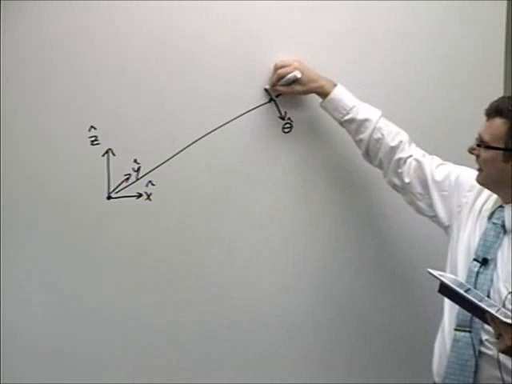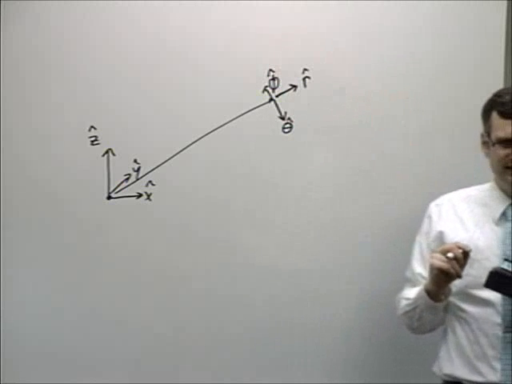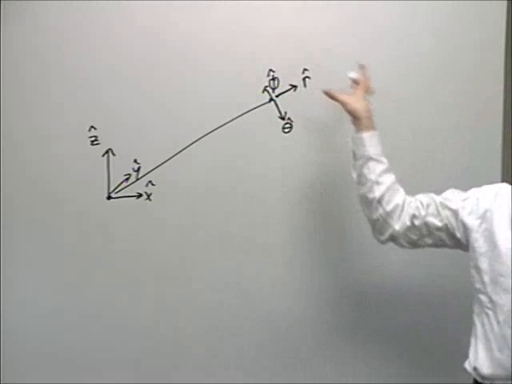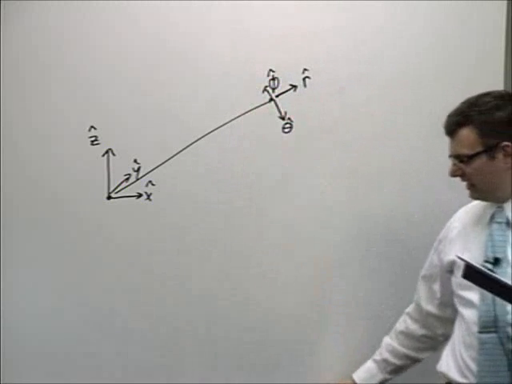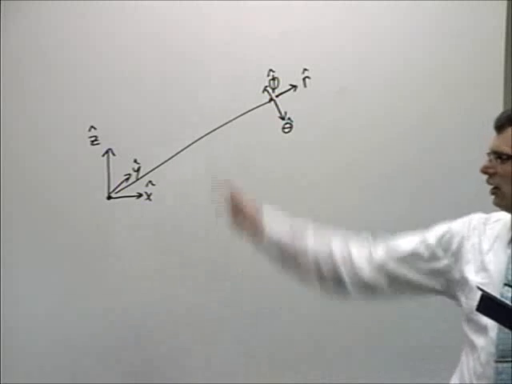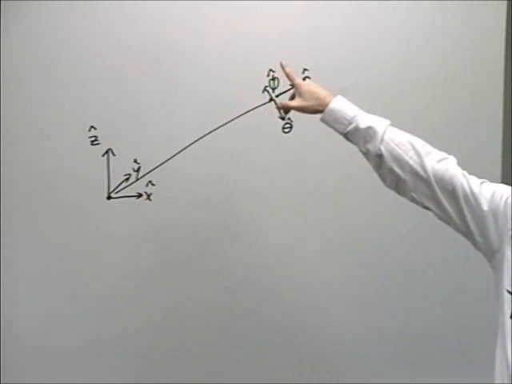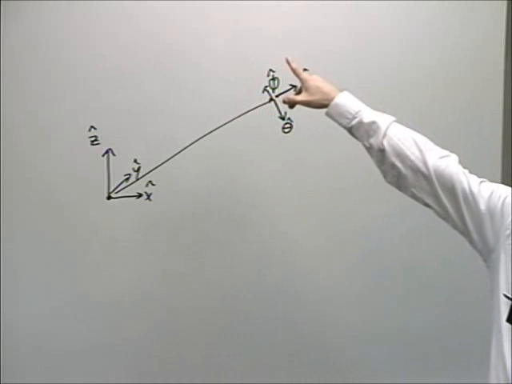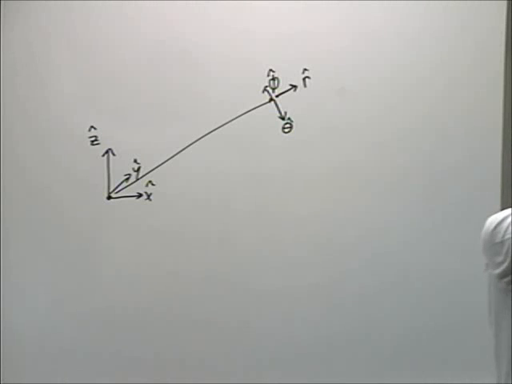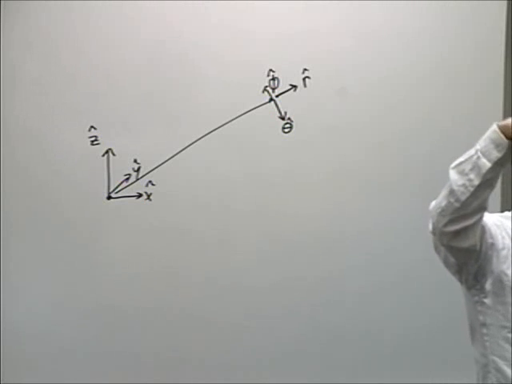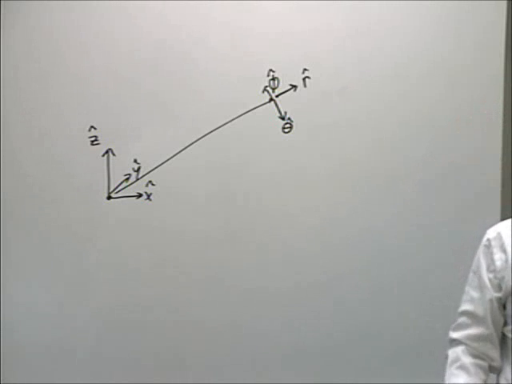And then, of course, if I draw with a little foreshortening here, I got a phi hat that points kind of into the board, and that's the direction of increasing phi. So if you can imagine, my r, my phi, and my theta here make a right-handed coordinate system, and all of those vectors change their orientation depending on where I'm observing them in the spherical coordinate system.